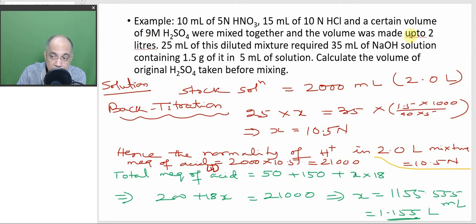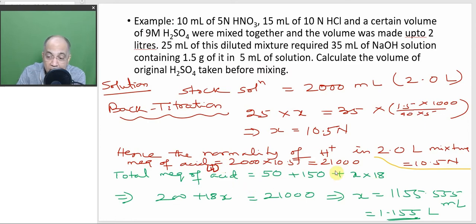And if the sulfuric acid volume is X, the 9 into 2, because molarity has to be converted to normality, the n factor is 2 here, so 9M is same as 18 normal. So 18 into X, the volume is not known. So this is the total number of milliequivalents of H plus ions from the 3 acids.